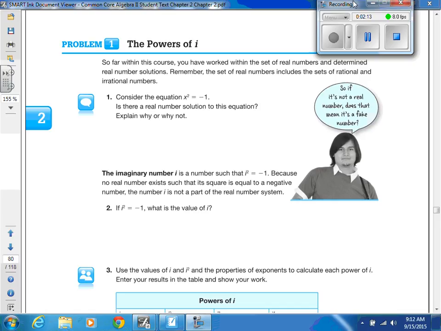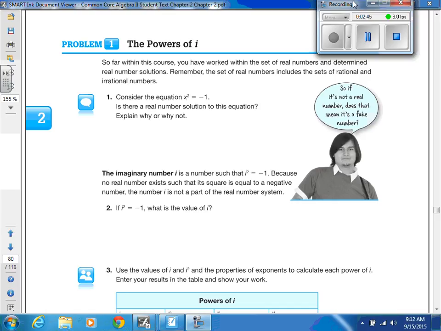If you look at x squared equals negative 1, does x squared equals negative 1 have a real solution? Why not? Right, square numbers don't equal a negative. What happens when you square a number? Right. Something times itself, that's what squaring means. So if you have a negative times a negative, it becomes a positive.